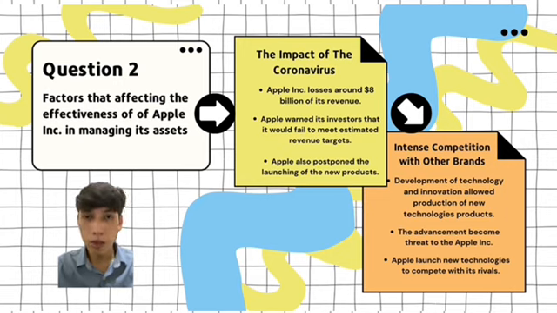For example, Samsung has introduced the new Samsung Galaxy Z Flip 5, offering the first ever flip smartphone in the world. Therefore, Apple has to continuously launch new technologies to compete with other brands, such as new series of iPhone, and also review its pricing policies in order to stay ahead of its rivals.